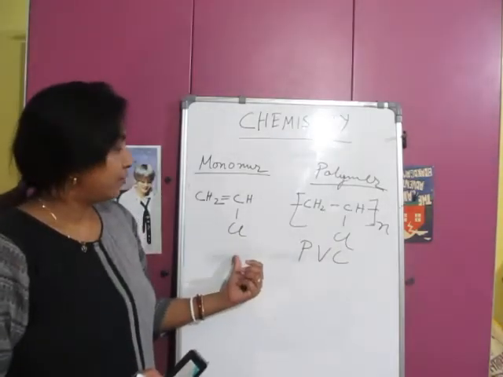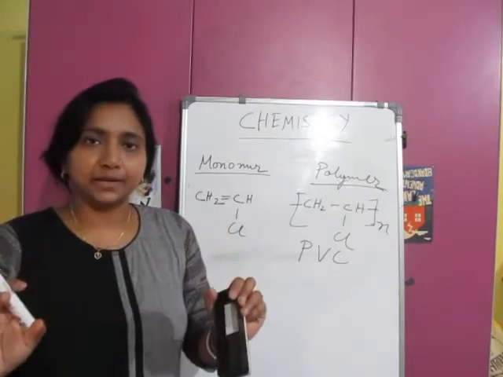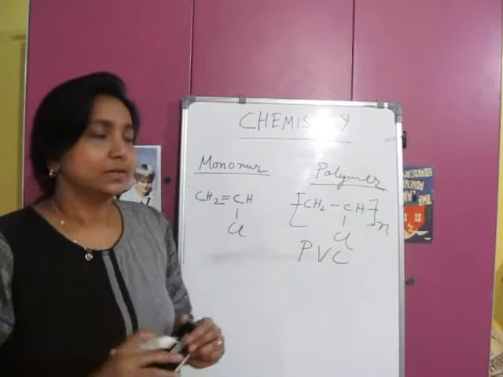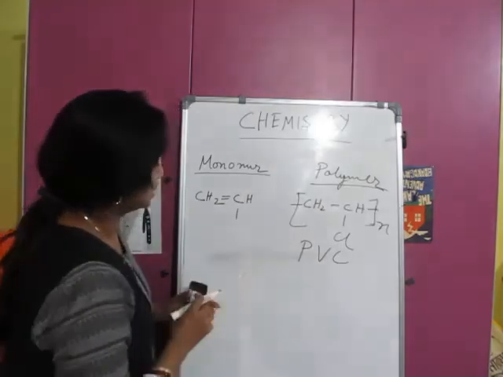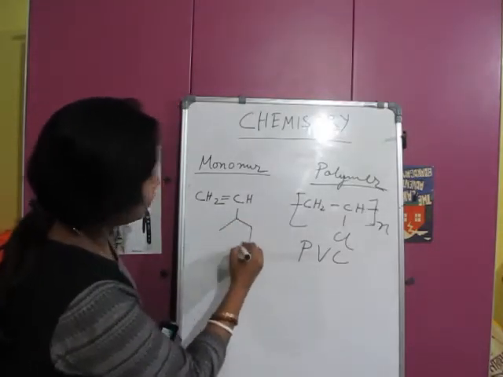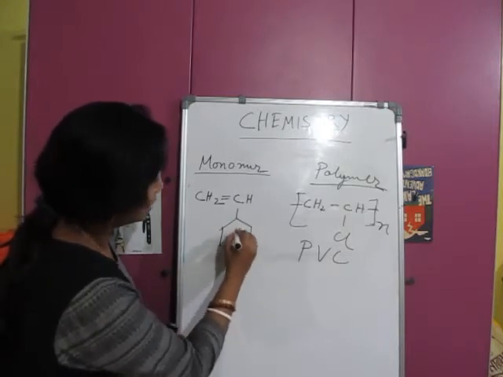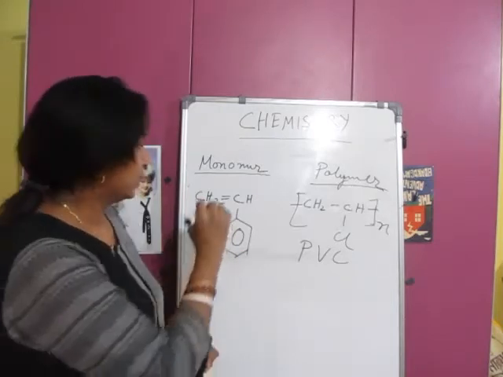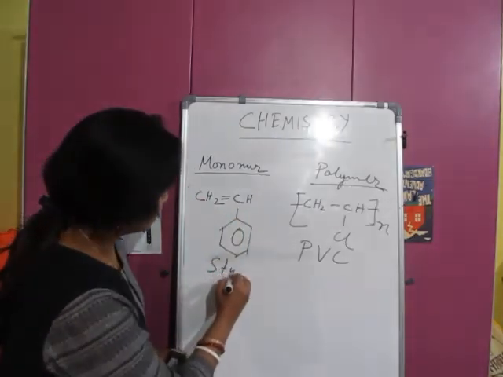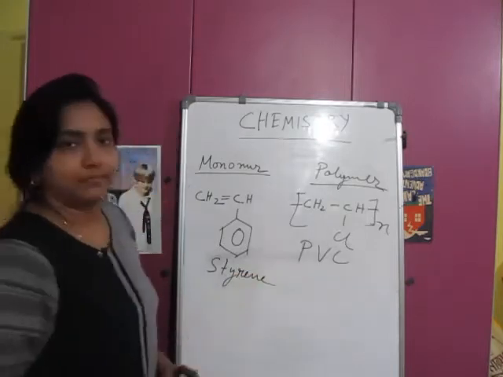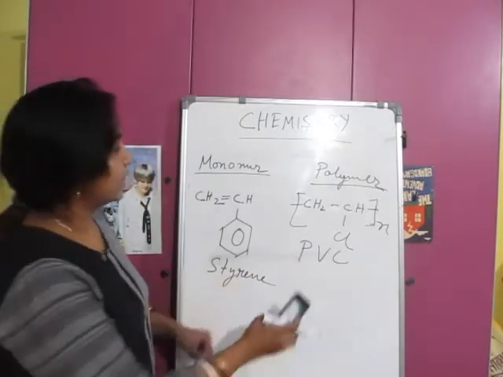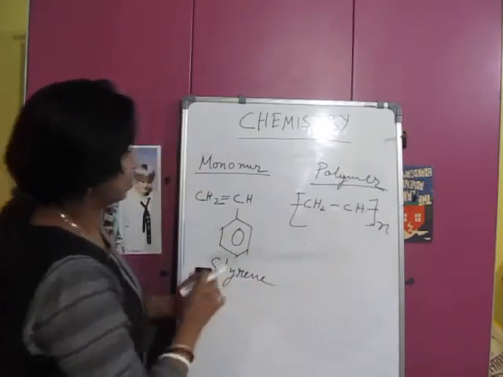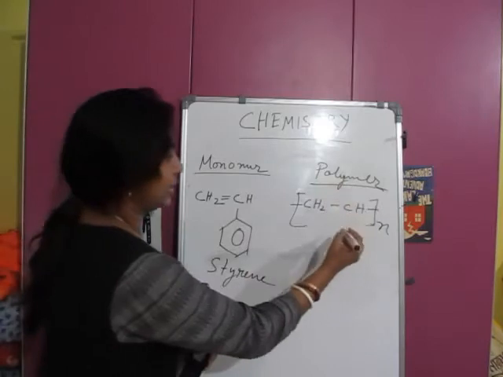Next, if I write polystyrene, first of all we have to write the structure of styrene. So this is the structure of styrene. Replace chlorine and write here a benzene ring instead of chlorine. That is the structure of styrene. Now in a similar way, I told you, make the repeating unit, remove the double bond and we get the repeating unit.